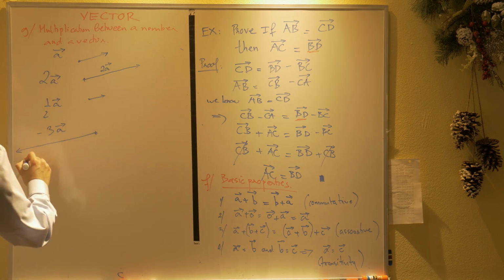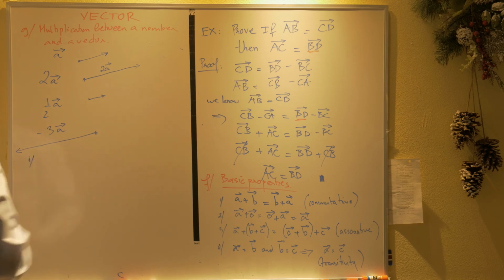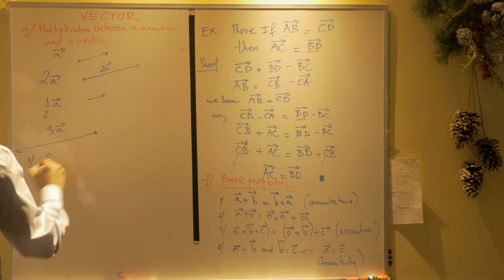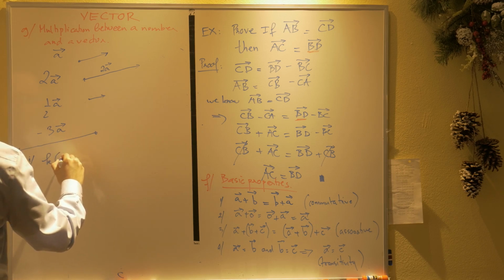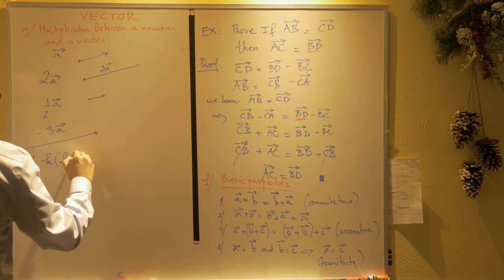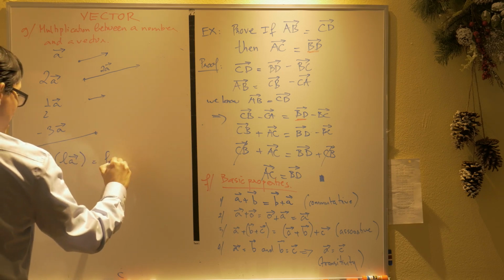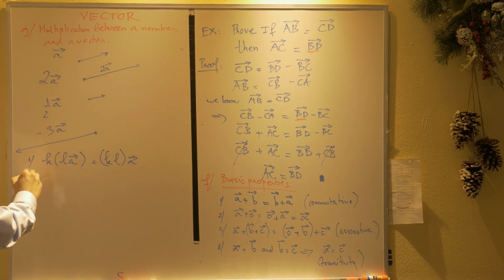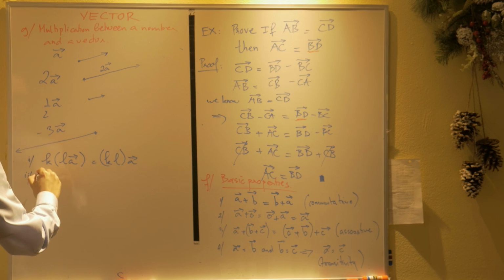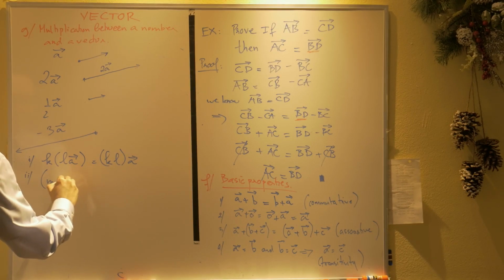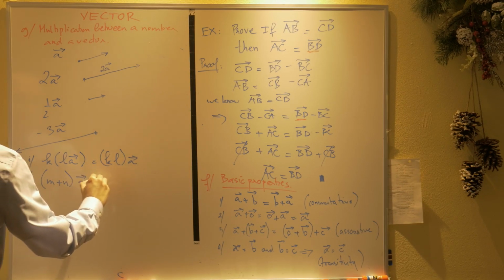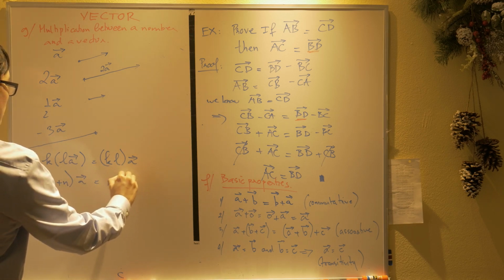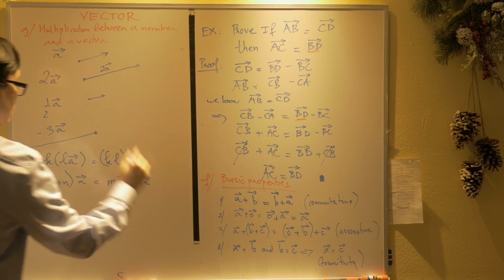The first property is, if you multiply a number k by a vector lA, then it gives you klA. If you multiply the sum m plus n by the vector, then you can apply the distributive property, and it gives you mA plus nA.